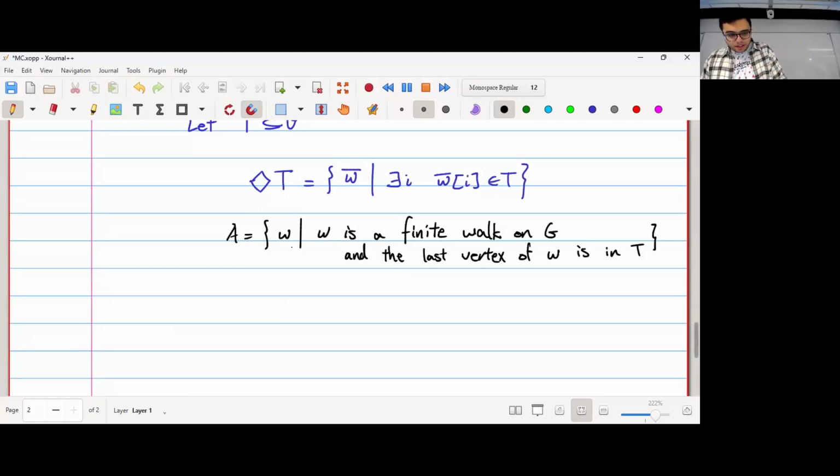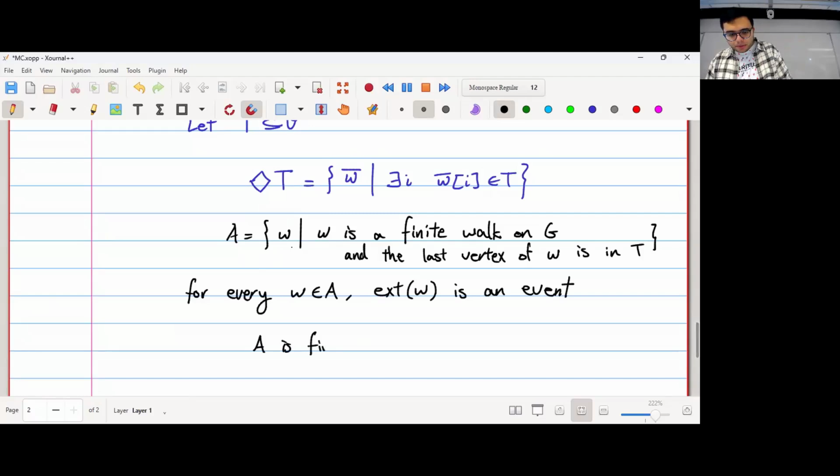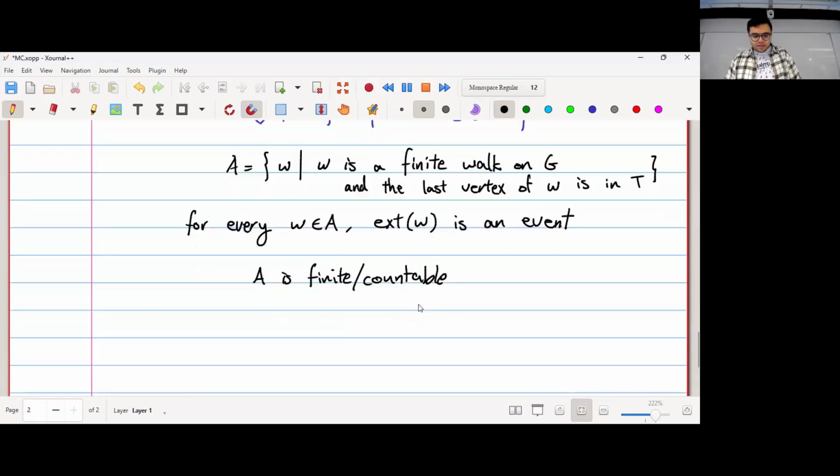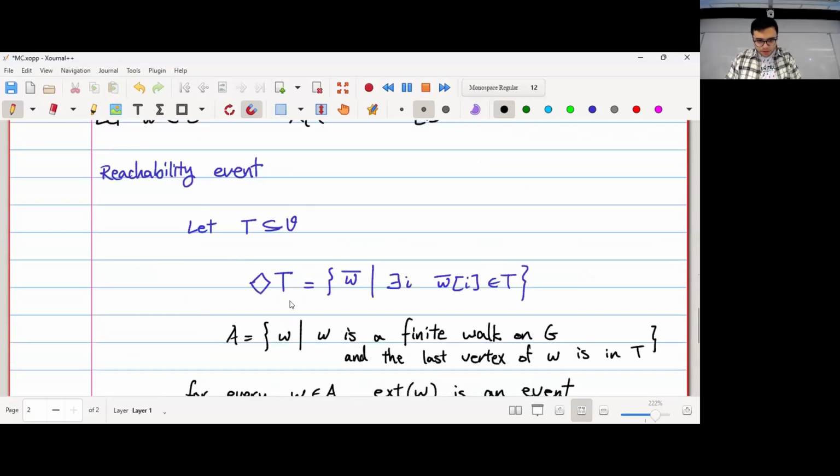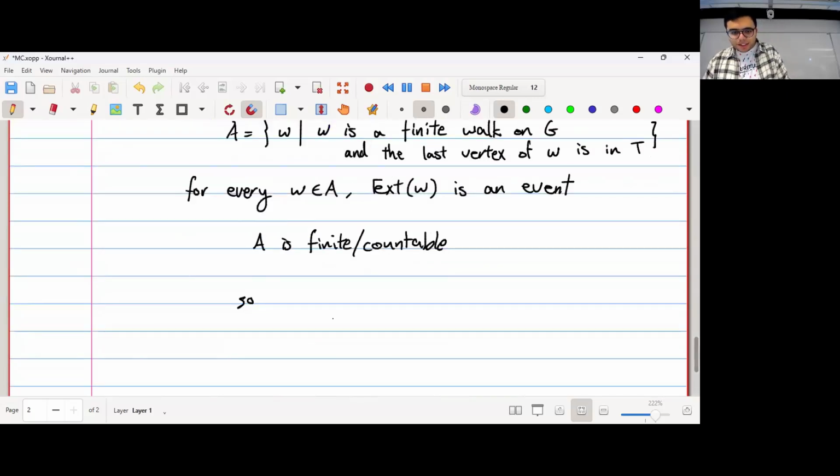So I can say that for every W in A, the set extension of W is an event, and A is finite or countable. So the union of these extensions, did I write extension with capital E before? Yes. Okay, so extension with capital E. So the union of all W's in A of extension of W is an event.